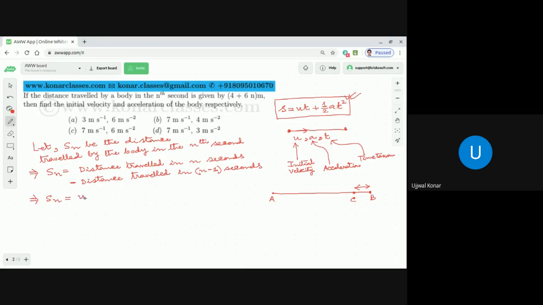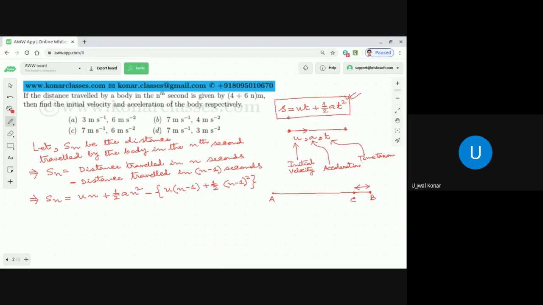We assume the initial velocity is u, and in this case t is n, so it is u into n plus half of a into n square, minus u into n minus 1 plus half into n minus 1 whole square. All of you got it or not? Absolutely clear? Sir, I didn't understand this step.